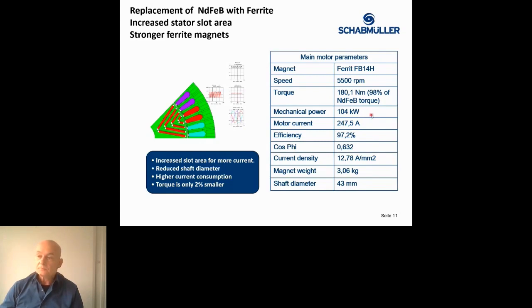But this is just one way, showing one way to fully get rid of the rare earth magnet material and to supersede it with ferrite. So those are the measures to be applied and a way to think about when trying to supersede rare earth magnet materials.